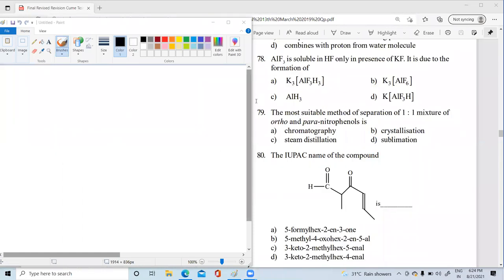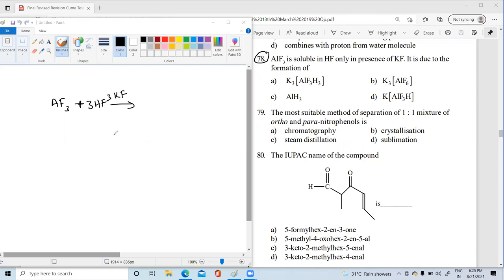Next, students, question number 78, a very easy question. AlF3 is reacting with HF, which leads to formation of a complex. What will happen here: 3 moles of HF, it will be soluble because it forms a complex in the presence of KF.